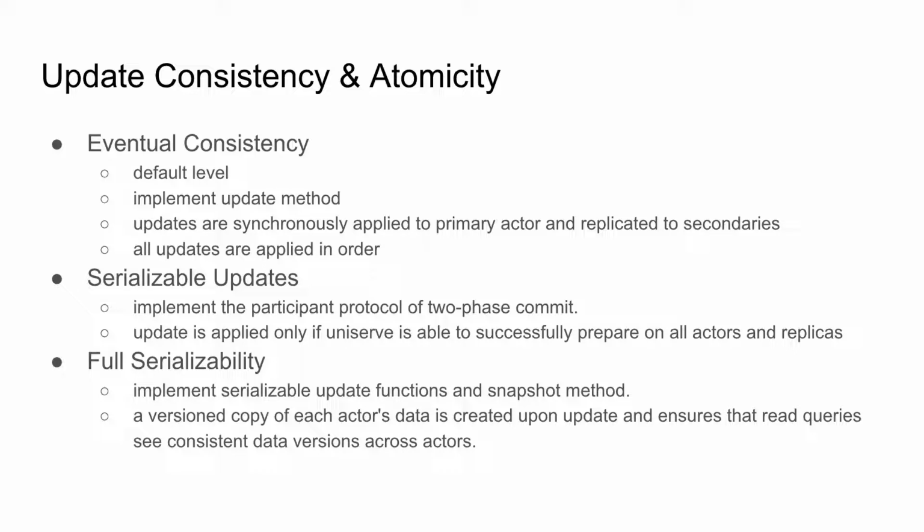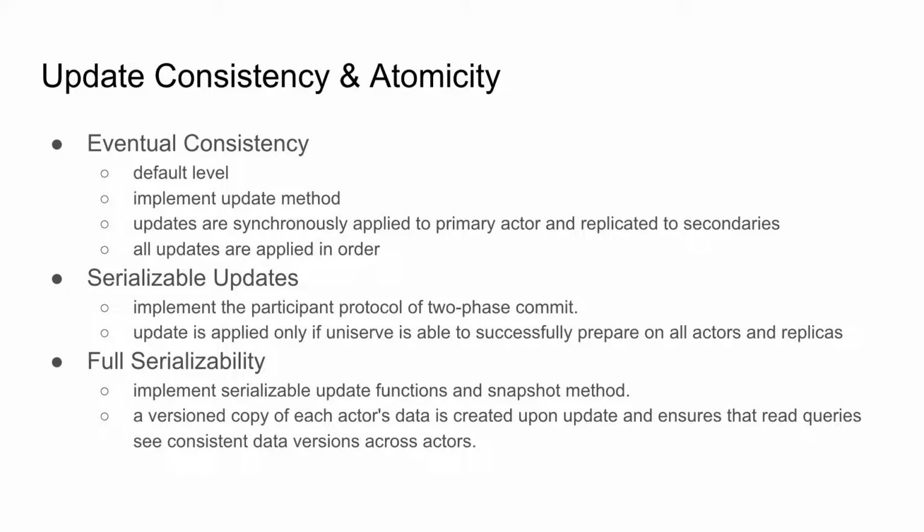If you want serializable updates, you need to implement the two-phase protocol, and your update is only applied if Uniserve is able to successfully prepare on all actors and their replicas.